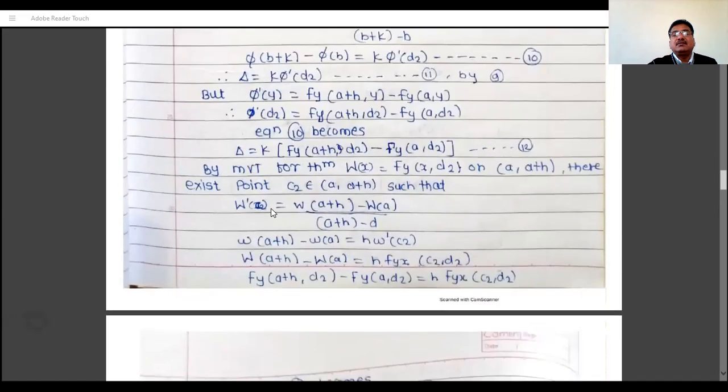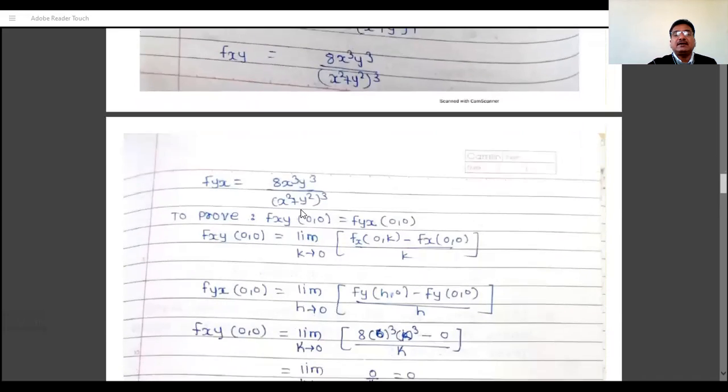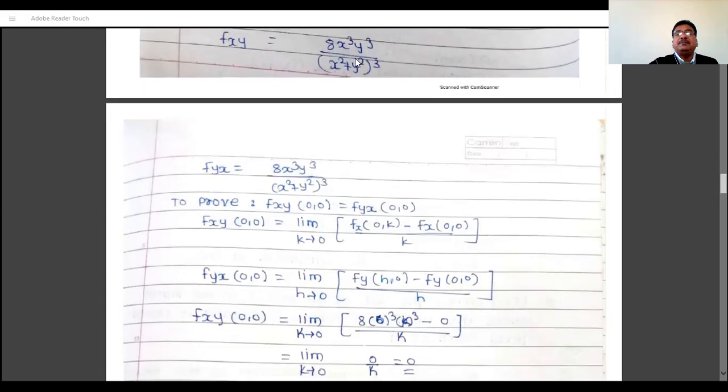Here, what is the problem? Show that this fxy 0 0 and fyx 0 0 both are the same, but both are discontinuous, meaning fxy and fyx. This is fxy. Now we have to show this function is not continuous at 0 0. That is, show that the limit along different paths is different, or find a path such that the limit depends on the path.